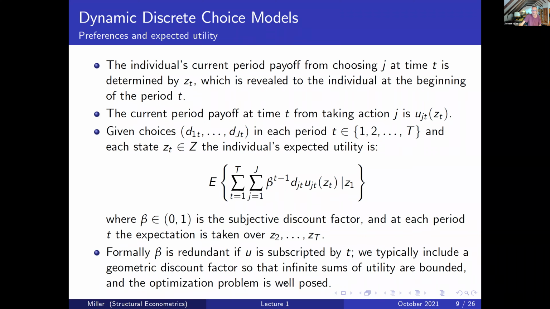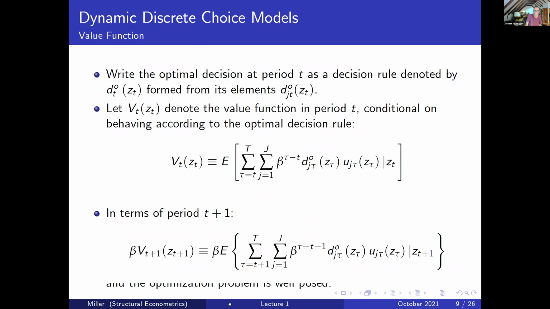And so to make the optimization well posed, not only are we assuming this to be finite, but we've also got discounting here, and that makes this thing bounded by a geometric sum, and of course that has a nice finite utility. Okay, so here's our setup. We've got an optimization decision to be made at each period t.